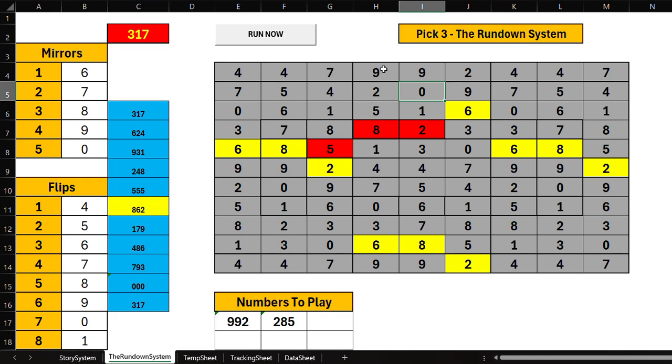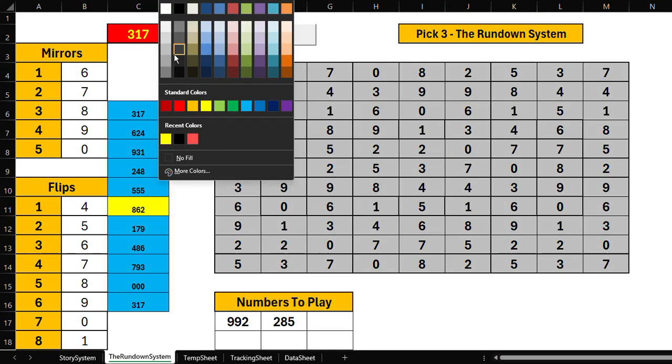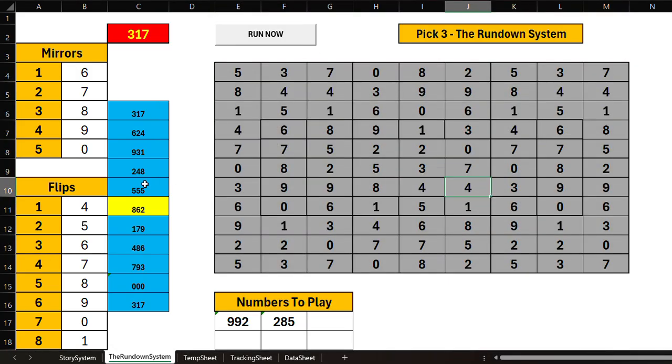So let's see, 82537, 537. Okay, so it's still the same thing. It's going to be the 862. So we're going to come down here and see if we can find the 862 that's attached. 682 is right here.